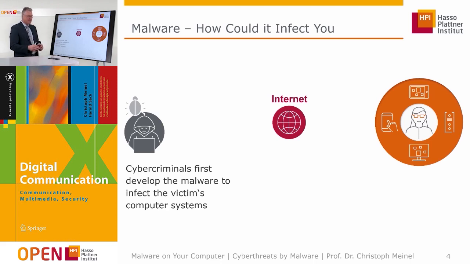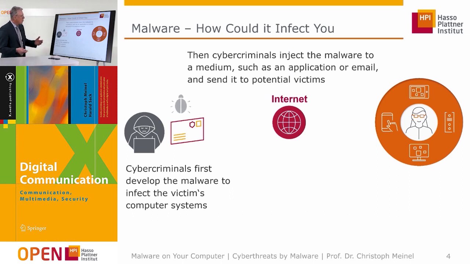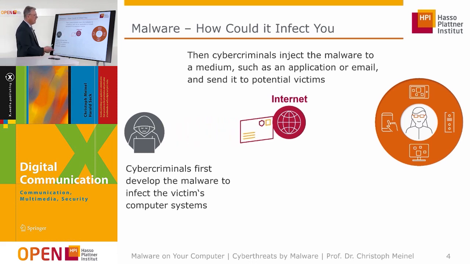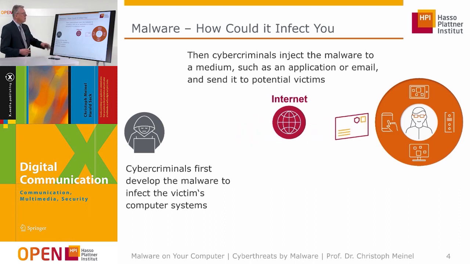So the cyber criminals prepare such a malware and then they try to get it installed on the user systems. One way, for example, is that the cyber criminals inject the malware into a medium, for example an application, an email or a website, and then, in case of email, send this email over the internet to the user.